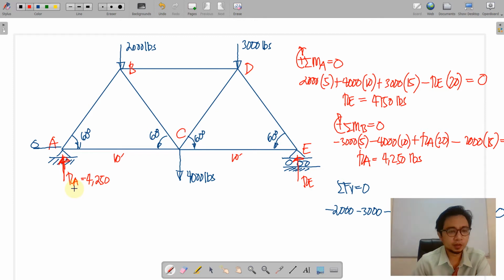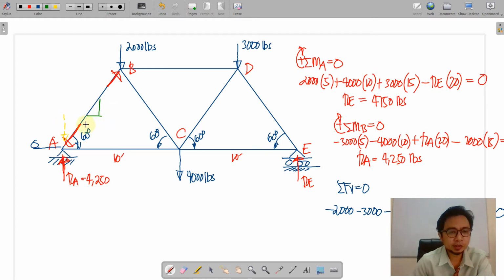Therefore, RA should be countered by AB alone, particularly its vertical component. Therefore, AB should be going towards the joint, or it is in compression.